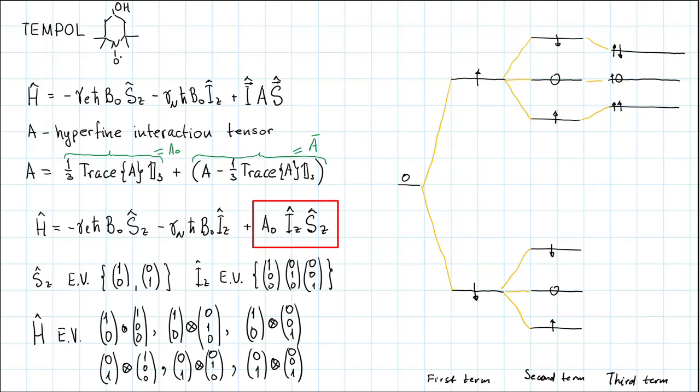On the contrary, the energy levels which correspond to the three spin states with the electron spin projection oriented downward will be shifted apart.